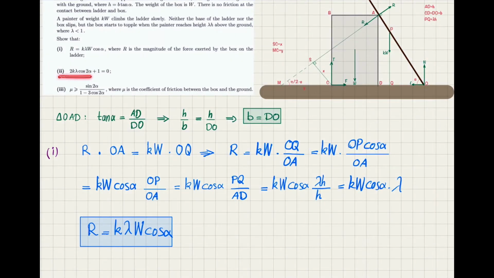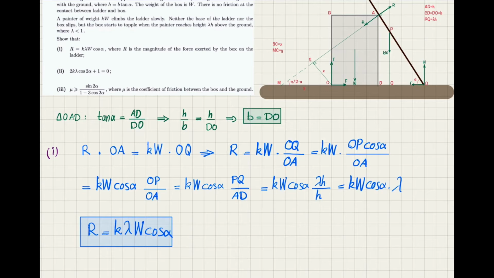For the second part of the problem, as you see, I'm supposed to prove this equality between parameters alpha, lambda, and K. My strategy to solve the problem is to consider the equilibrium conditions for the box this time.